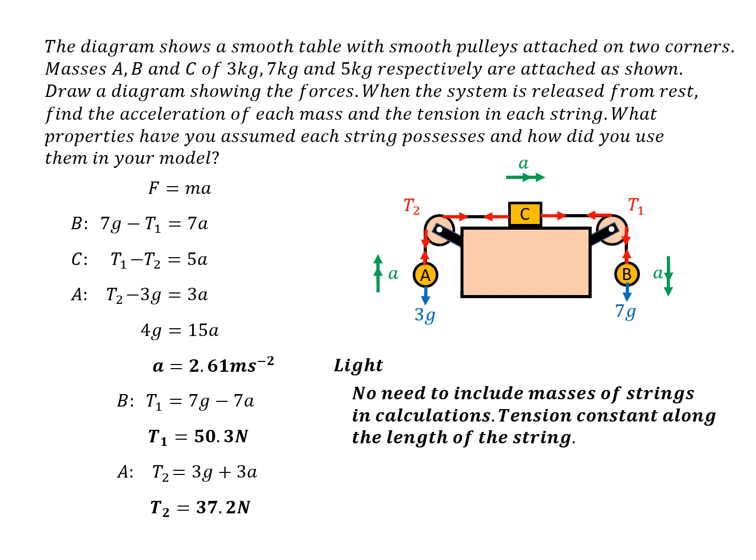And as I mentioned before, the tension is constant along the length of each of the strings. We've also assumed that the strings are inextensible, which, as I mentioned, is helping us to say that all of the particles have the same acceleration. So that's the answer to the question.